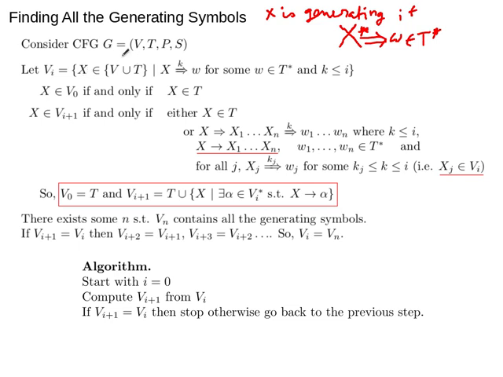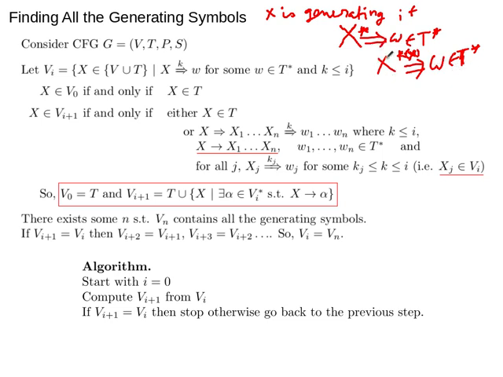Why? Because if this is generating, then there must be some integer k depending on x such that this derives something over terminals. And this can be different for different variables, but if you take all the variables and take the maximum of all the things that you have here, that means in that many steps from any variable you can generate something over terminals, if you can do it at all.